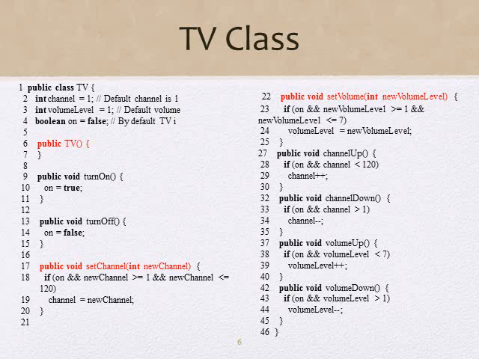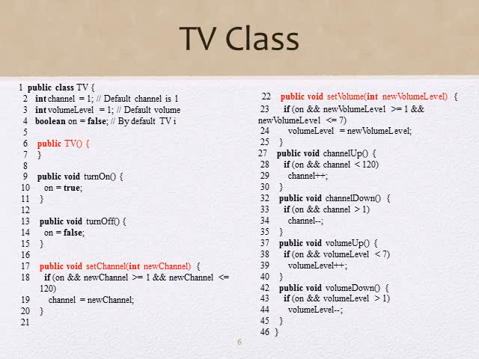Well, let's take a look at a class. The only thing different here from what you've been doing is we don't have a main. We have variables, our properties, and we have methods.